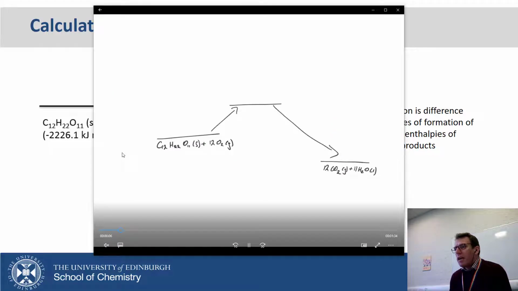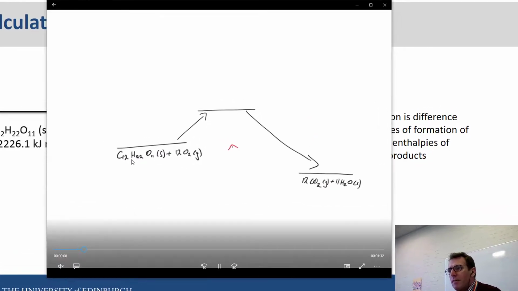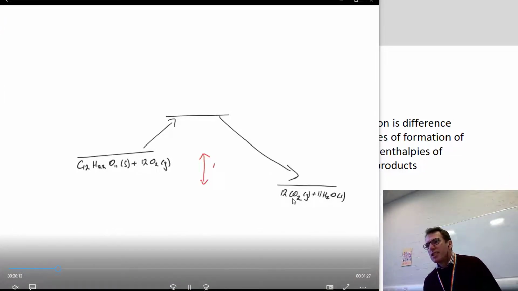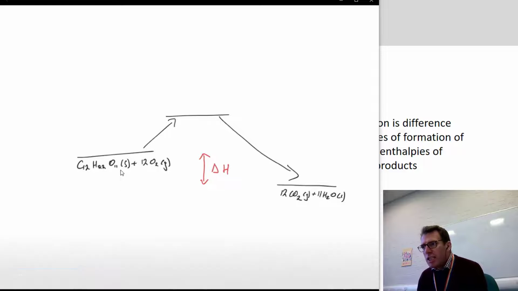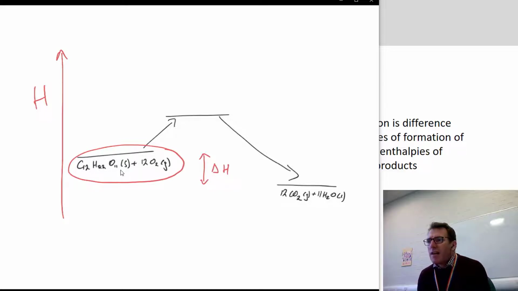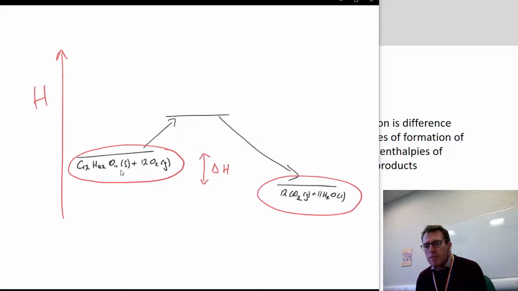So here I can write this as we've got our reactants going to products, and we know that the enthalpy of reaction will be the difference in enthalpy between reactants and products. So this delta H value, this change between reactants and products that we're interested in thermodynamics, is the difference between those two. So if we use our y-axis as enthalpy, then if we can afford some energy values or enthalpy values to our reactants and to our products, obviously the difference between those will be the enthalpy of reaction.